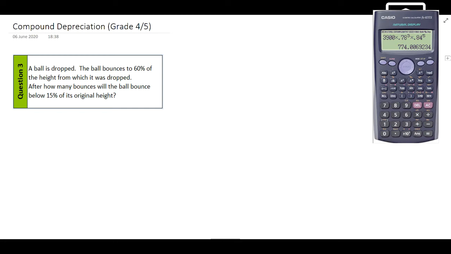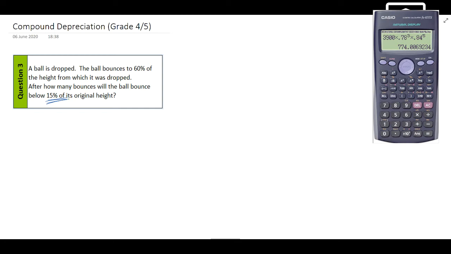It doesn't matter. That's not the important bit, because if I change the height, the height of each bounce will change, and I'm only interested in the bit that is 15% of the original height. So you can make up a value, it's absolutely fine.